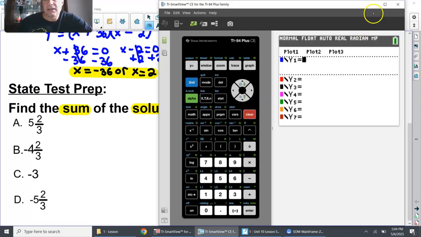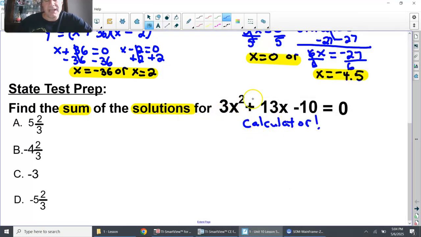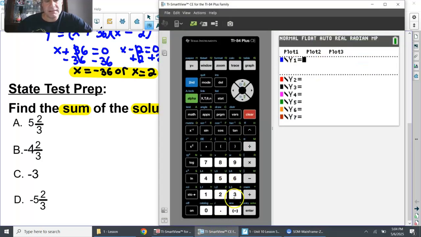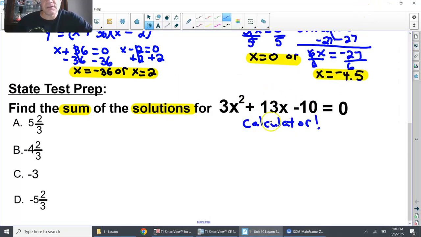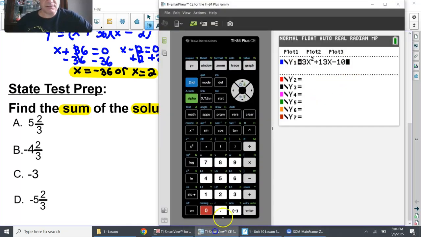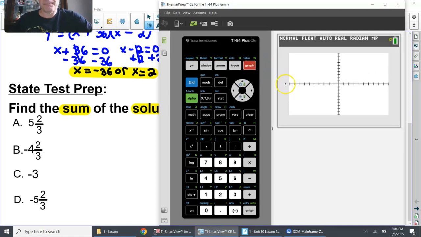We're going to clear that. And we're going to have 3x squared plus 13x minus 10. And let me just make sure that that is correct. It is. And then we're going to press graph.